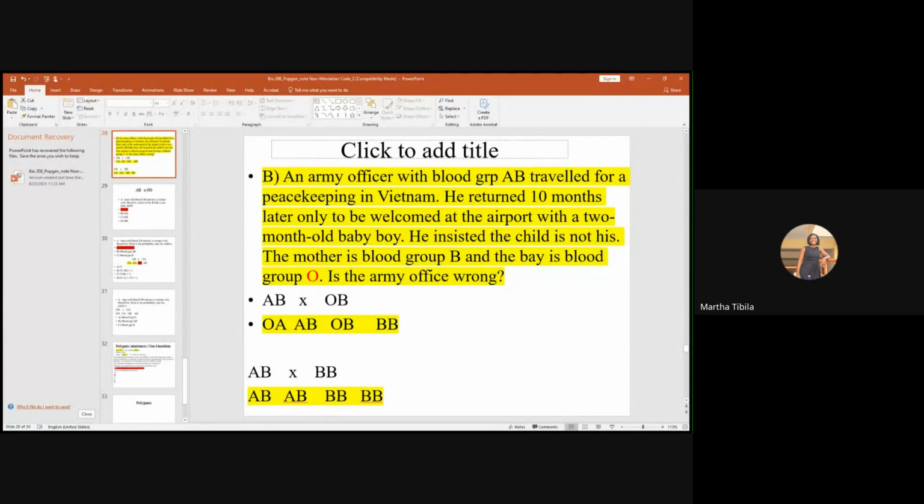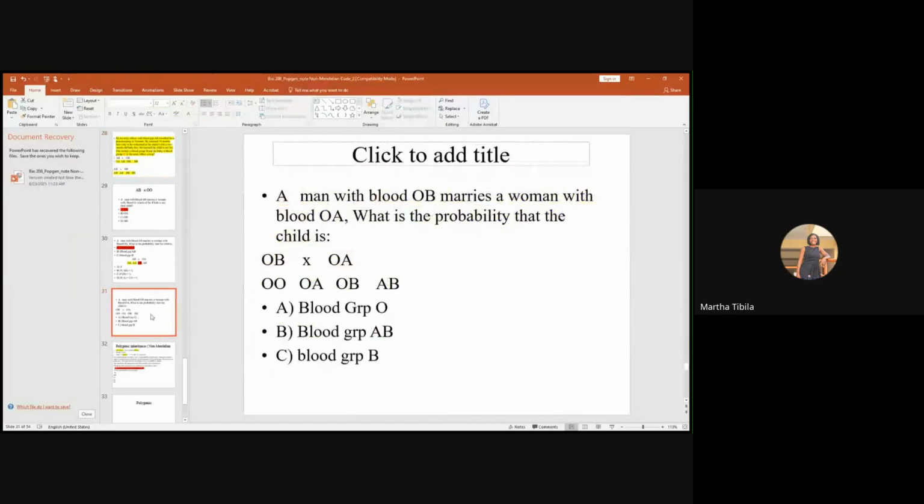He insisted the child is not his. The mother is blood group B, and the baby is blood group O. With the mother's blood group, which is B, you attached O to the B. I'm a bit confused.